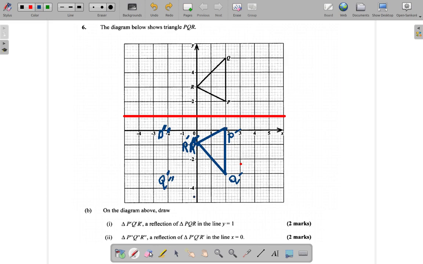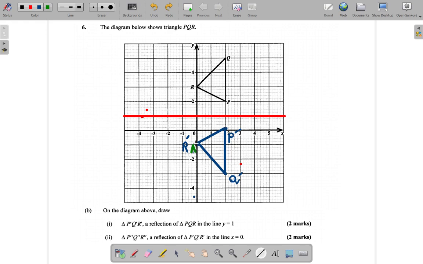Let me use a different color to write these things. What I would have, how did I erase this? Accidentally erased this. Alright, let me use a different color.